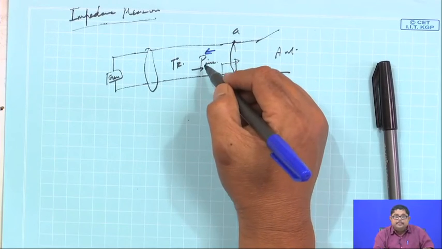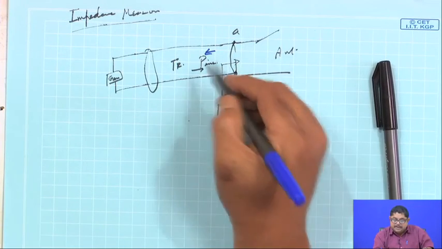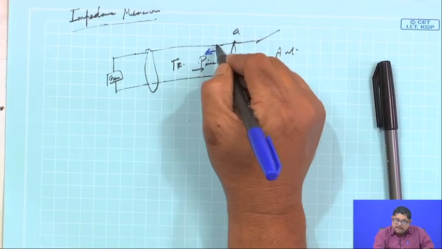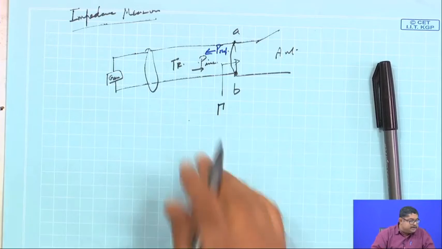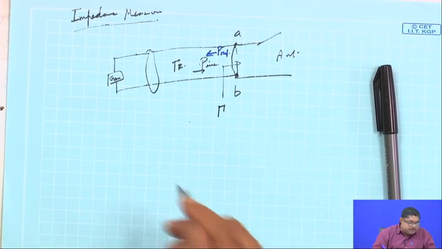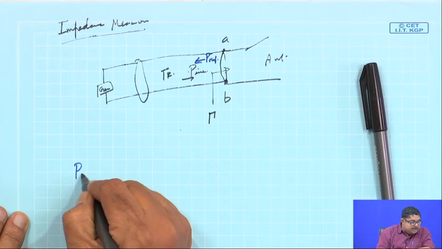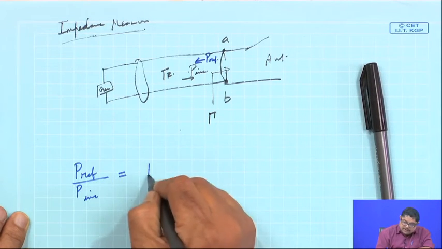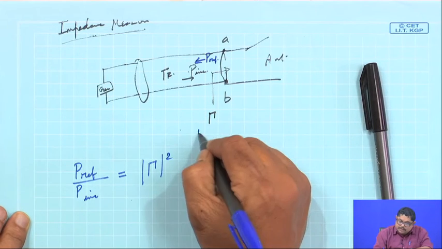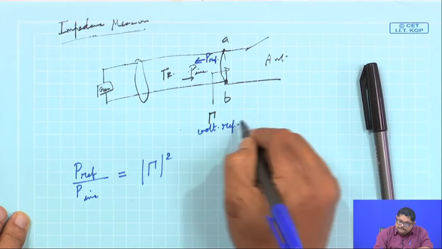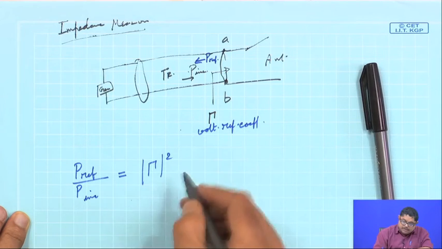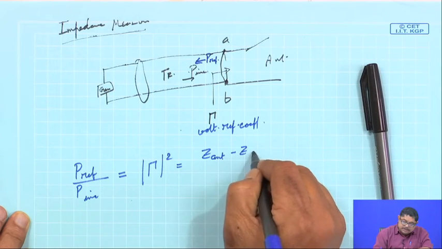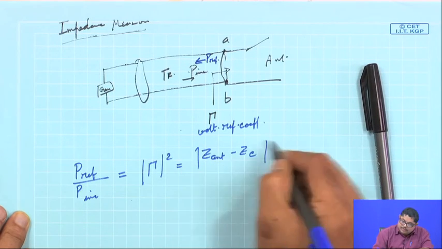Obviously the antenna has a reactive part, while the characteristic impedance is a real thing for the transmission line. So, there will be a reflection, this is P reflected. So, I can always write P reflected by P incident is the square of the voltage reflection coefficient, equal to Z antenna minus ZC by Z antenna plus ZC, whole square.